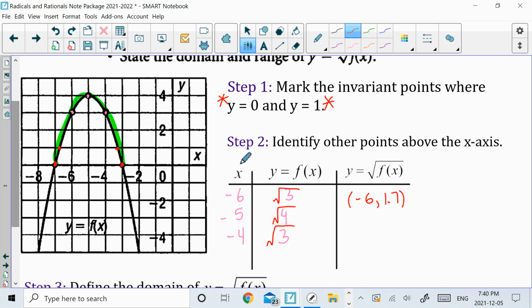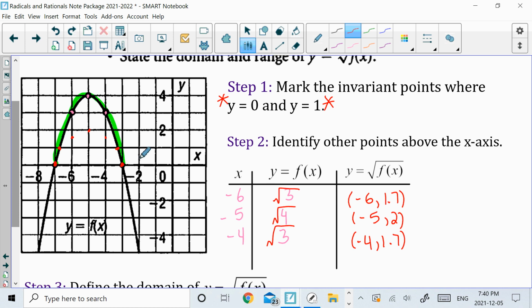Let's mark that. So -6 and 1.7 would be about here. Then I'm going to have a point at -5 and the square root of 4, which is 2. And then -4 and the square root of 3, again approximately 1.7.